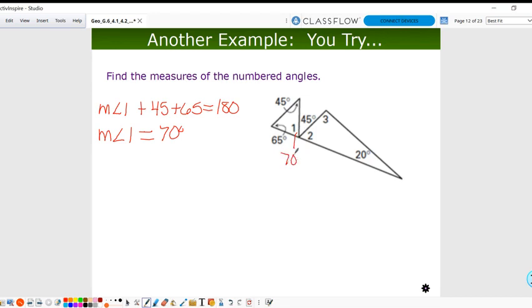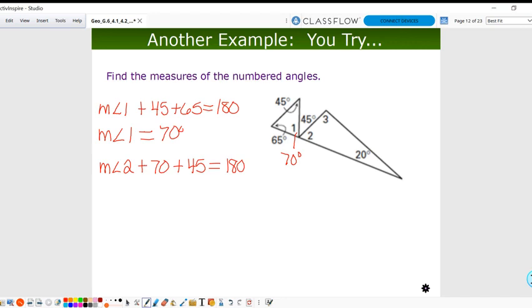That's 70 degrees. I know the measure of angle 1 plus my little wedge of 45 and angle 2 have to add up to 180. So I'll say the measure of angle 2 plus the measure of angle 1, which was 70 degrees, and that little wedge of 45 will also equal 180 because they make that linear connection there.